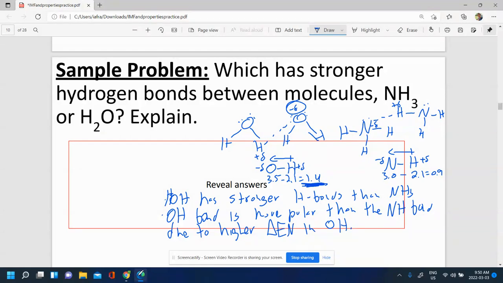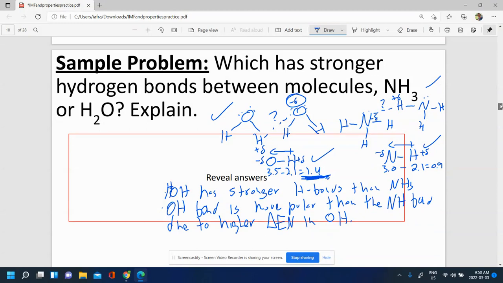So we just drew out a little sketch to show what the question was asking. Which one of these is stronger, this one or this one? We decided to check the bond polarity, and with the bond polarity, we're able to see that the OH is more polar. So therefore, the hydrogen bond in H2O should be stronger than the hydrogen bond in NH3.